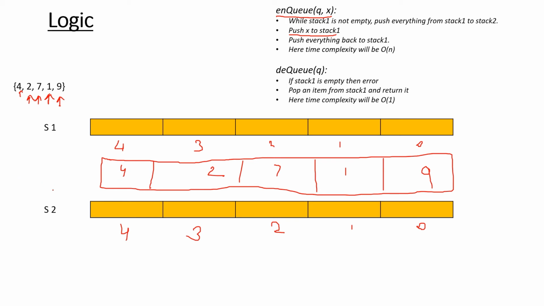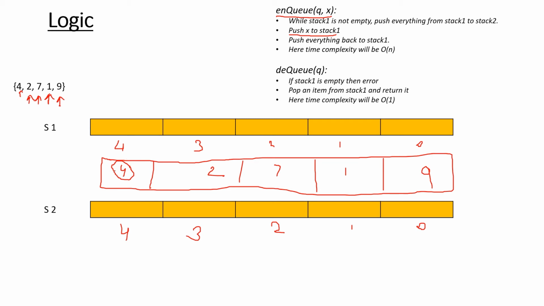So suppose I am doing stack1.pop, which element will get removed from here? It will be the element 4, right? This is the element which will get removed the first time. Why? You see, 4 is the element we inserted first, and 4 is also the element getting removed first.